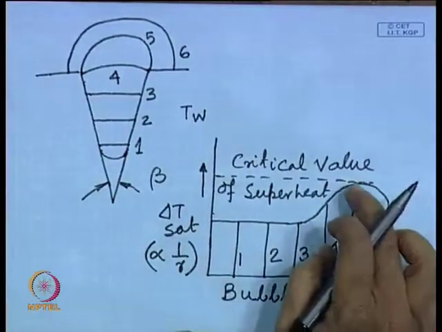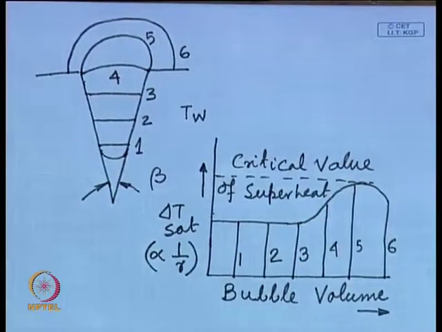So, basically this is good enough for the bubble to grow further, and ultimately this is good enough for the bubble to leave the pore or the cavity. Okay. So, this is what we will have in the actual practice of boiling.